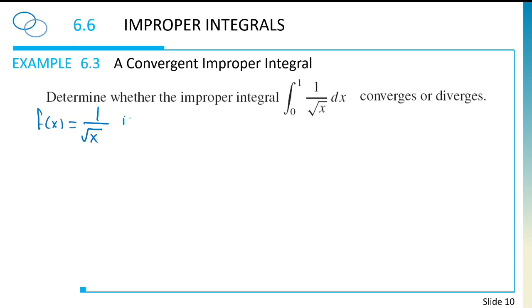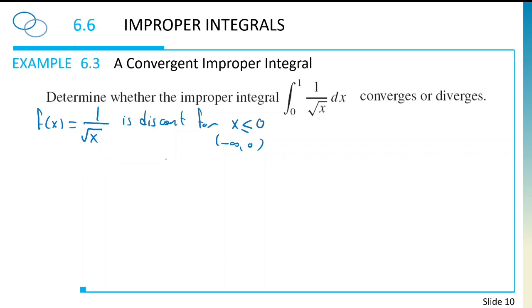This is discontinuous for anything. Remember, this is square root, so anything under the square root should be greater than 0. So anything for x less than or equals to 0, it's discontinuous. You could write it as from negative infinity to 0, it's discontinuous.